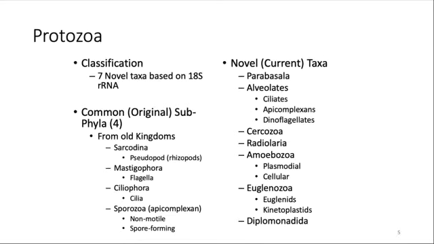So we have Sarcodina, Mastigophora, Ciliophora, and Sporozoa. But the new taxa group the protozoans by Parabasalids, Alveolates, and the alveolates will cover the ciliates, the apicomplexans, and the dinoflagellates. Then Excavata, Radiolaria, Amoebozoa, Euglenozoa, and Diplomonadida.